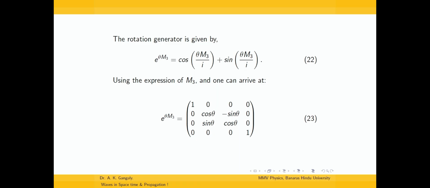For most of the situations that we encounter, when a beam of light is coming towards us, if we fix the direction of propagation of the beam of light to be the z direction, and the plane on which the vibration of the electromagnetic disturbances takes place to be the x y plane, then this particular matrix actually is suitable to describe any rotation of either the observer or the source to find their possible implications.